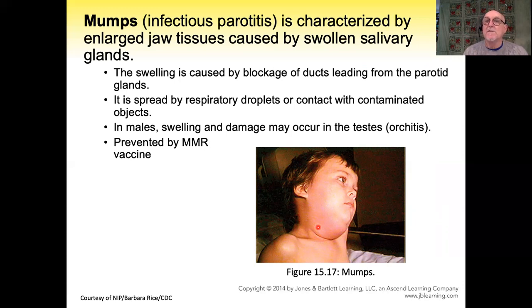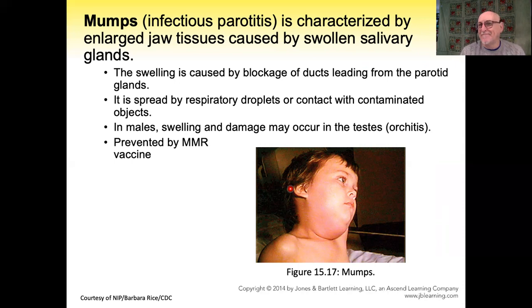And this causes blockage of the ducts, and the saliva just builds up, and the gland becomes inflamed and sore, and the neck swells in this way to produce this typical symptom of mumps. So it's quite easily spread. It has a much lower morbidity and much, much lower mortality than measles. It does have some associated more serious morbidity and mortality in children, but it's much, much lower.